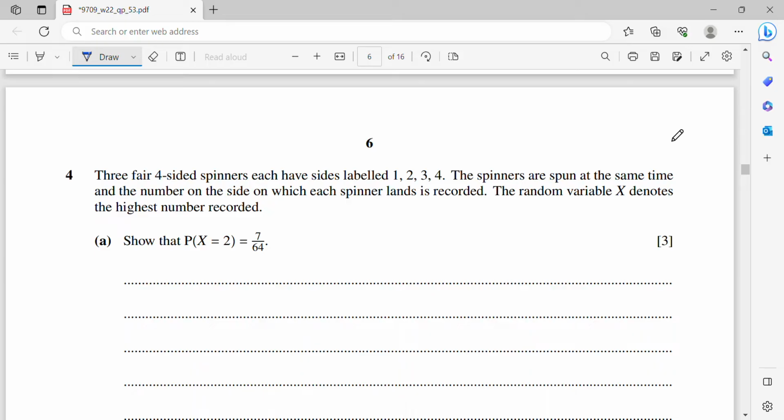Okay, now question 4. 3 fair 4-sided spinners each have sides labeled 1, 2, 3, 4. The spinners are spun at the same time and the number of the side on which each spinner lands is recorded. The random variable x denotes the highest number recorded. So basically there are 3 fair spinners.